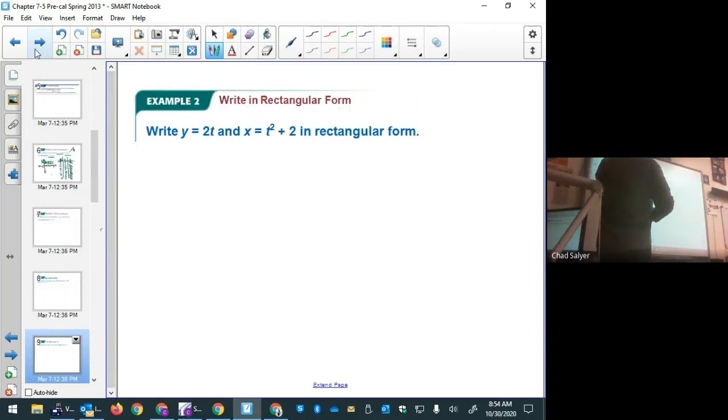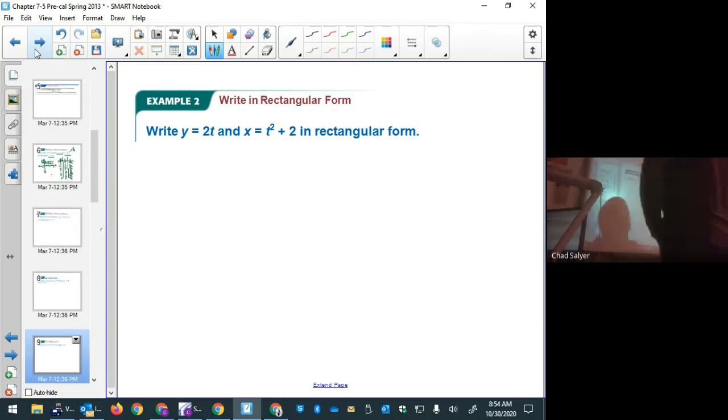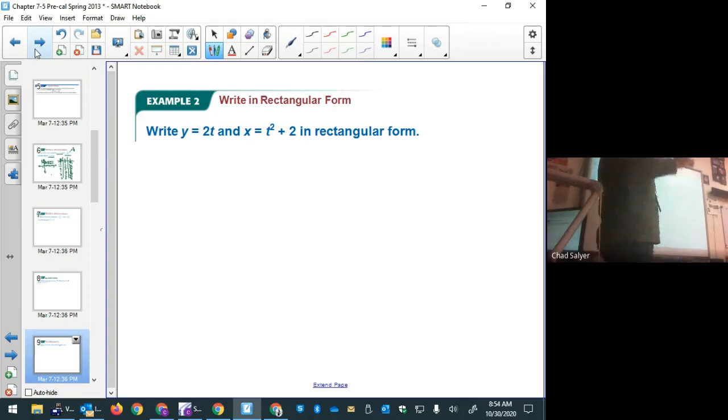Okay, so we can go back and forth between those two representations. So we're going to rewrite this in rectangular form. We want to get rid of the t, cast it out. And so there's some algebraic tricks we'll employ. Usually you want to take the one that's easiest to solve for t. And I identify that this is the easiest one to solve for t.